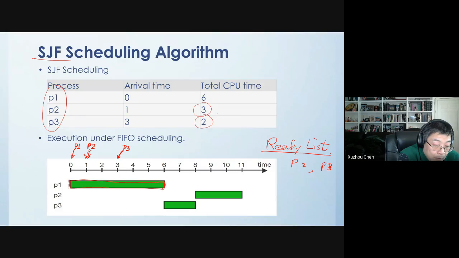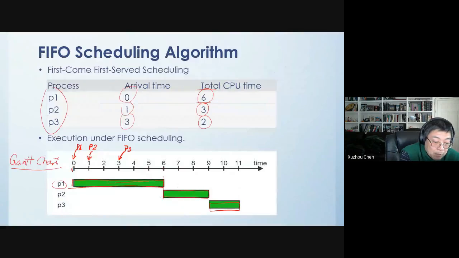I don't care who arrives first, because all I see is that I have 2 processes in the list. Who has a short CPU burst? P3 says, me, I only need 2 CPU time, and process 2 needs 3 CPU time. So process 3 gets the CPU next, because process 3 has a shorter CPU burst, and then process 2.